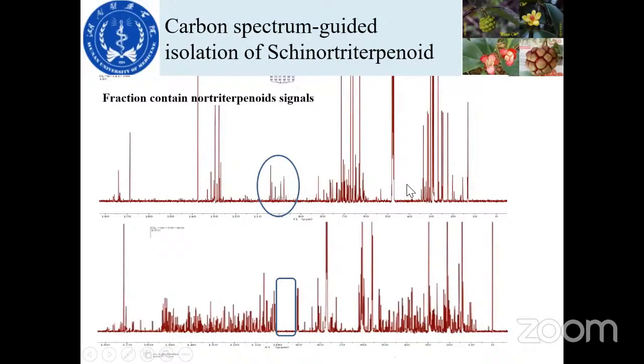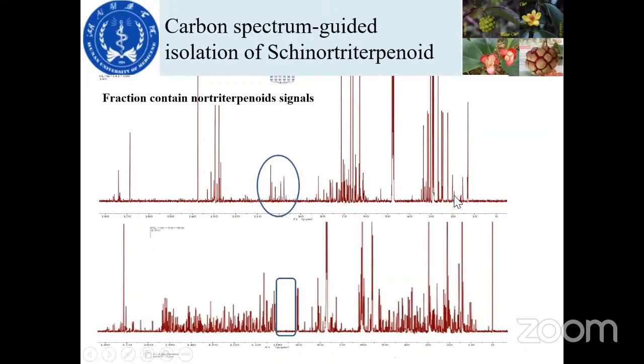This is the NMR spectra of the fractions from the plant. We can see the top one has signals in the chemical shift of 95 to 100, but in another fraction there are no such characteristic signals at all.